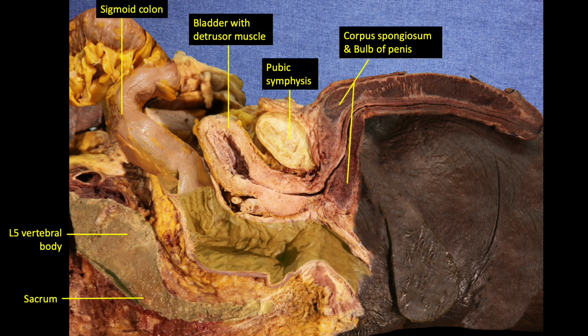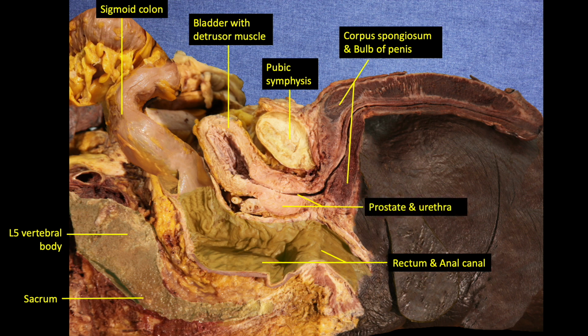Posterior to the bladder, we observe the sigmoid colon, which when we follow inferiorly and now cut open, we can see the rectum leading to the anal canal. Moving inferior to the bladder, the prostate and the urethra are easily detected. And now, if you know where to look, we can see the profiles of the cut ductus deferens and the seminal vesicle.